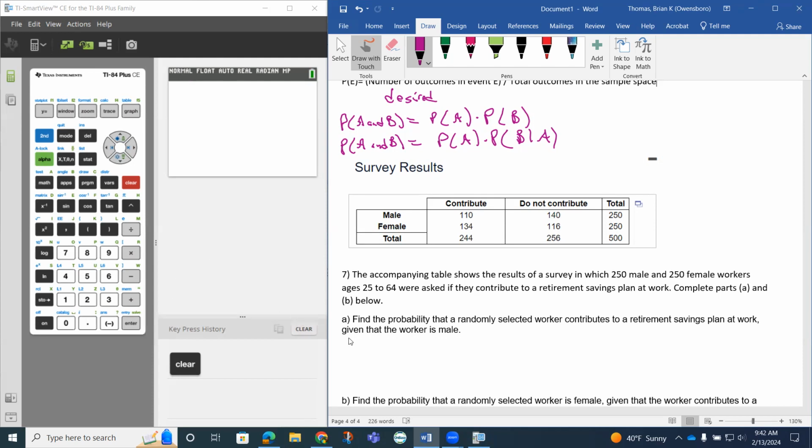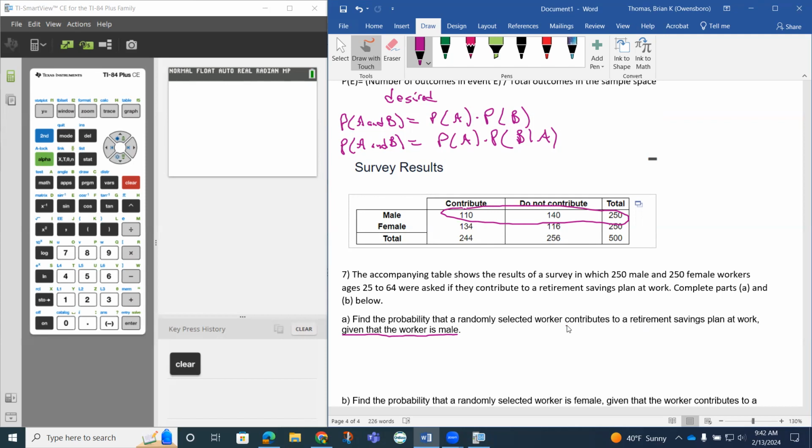Notice how, given that a worker is male, that's the vocabulary that we've been picking up on. Given that the worker is male means this has happened. So now we're locked in, and we're only talking about the male side of things. What we want to do is find the probability that a selected worker contributes to a retirement savings plan.